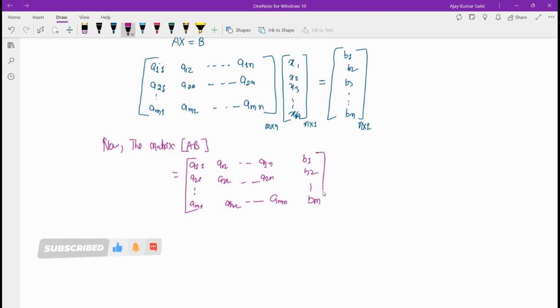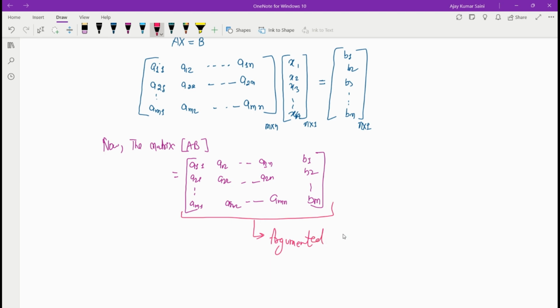This matrix is known as the augmented matrix of the given system of equations.